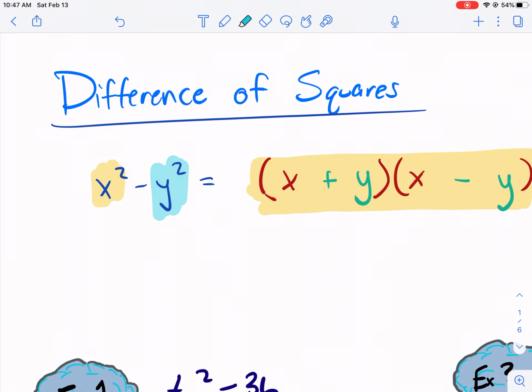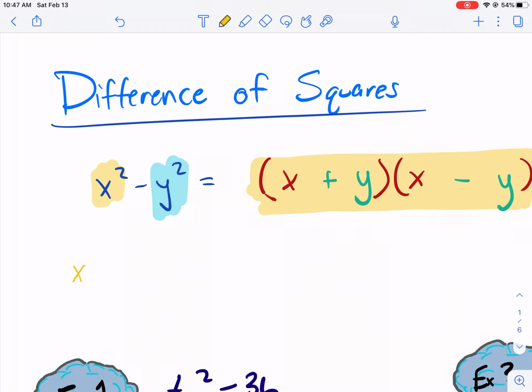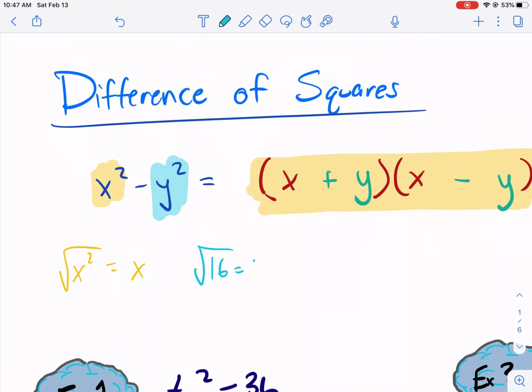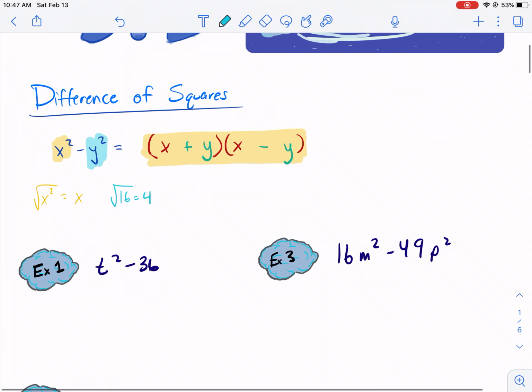What do I mean by square? A square could be x squared. You can take the square root of x squared, and it's not going to be an irrational number, it's just x. Another example is 16. We take the square root of 16, we get 4. These are all examples of squares, and this is how we factor it.